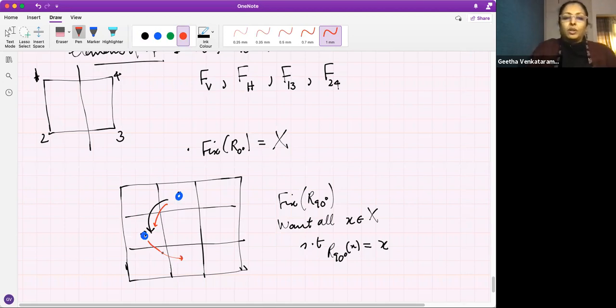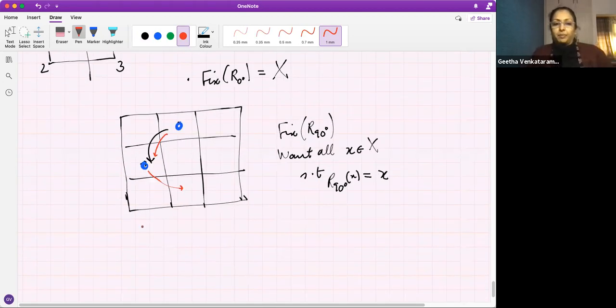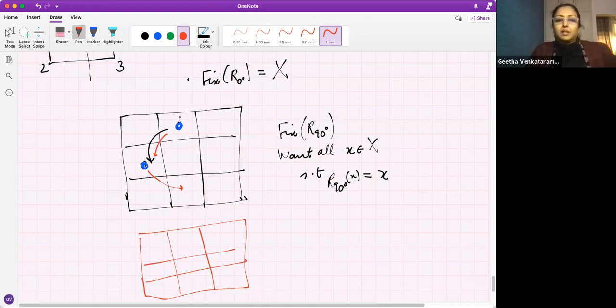So the new card, after I do the 90-degree rotation, this was in positions 2 and 4, and now this goes here and this goes here, in positions 4, 5, 6, 7, 8.